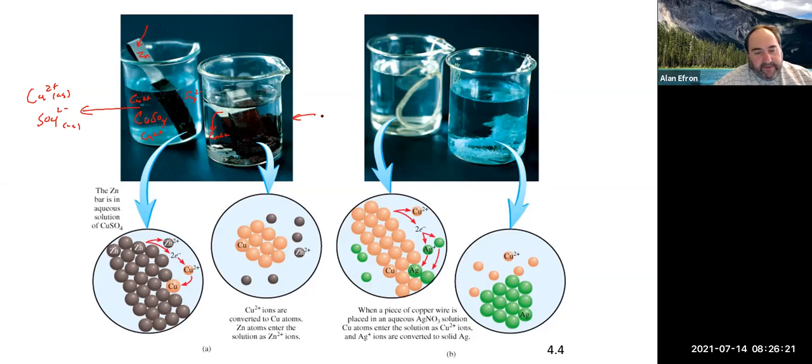So we have the solid zinc, it's going to jump off into the solution and gain a charge, a +2, which means it has lost a couple of electrons in that process.